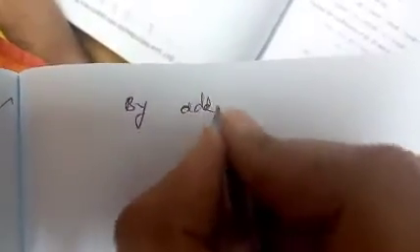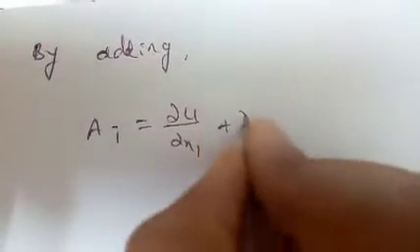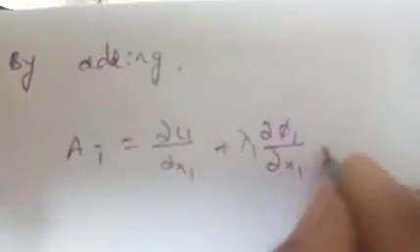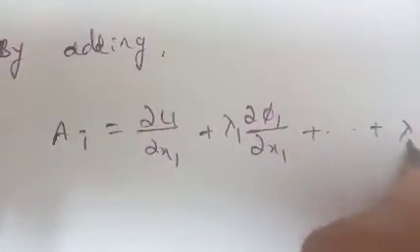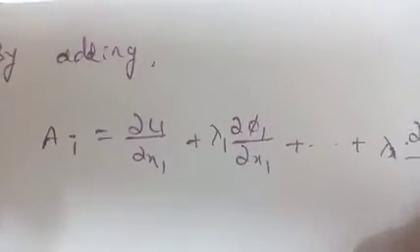Then by adding all these equations, a_i equal to dou u by dou xi plus lambda 1 into dou pi 1 by dou xi plus and so on lambda r into dou pi r by dou xi.